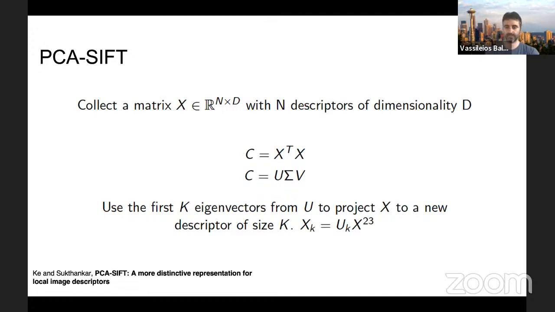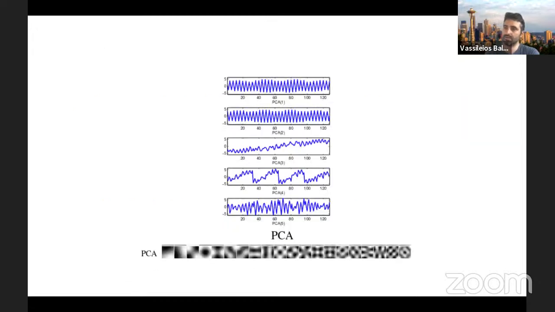And the way to do this is you can just form a data matrix, get the PCA, and then from the matrix that has the eigenvectors, you can keep only the first n columns to reduce the size of your descriptor. And then if you're lucky, you also get rid of some of the dimensions that represented very high noise. So you might end up with a better descriptor in the end, although you move to fewer dimensions.